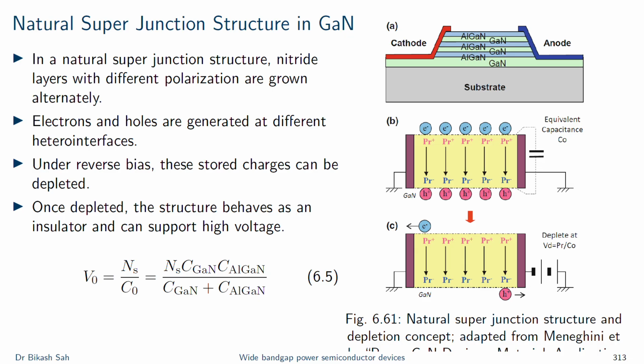Under reverse bias, these stored charges can be depleted. When the charges get depleted, the multilayer structure behaves like an insulator and it supports voltage. This is where, in the equation, you could see the depletion voltage in terms of the stored charge sheet and the equivalent capacitance, and how they are related to the overall voltage that they can support.